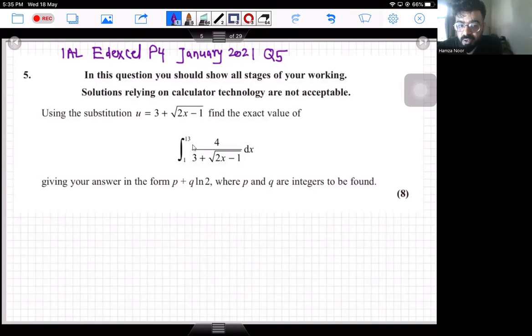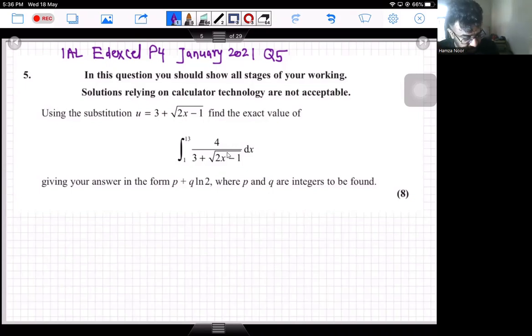And the other thing is we need to introduce new limits. Originally, this upper limit 13 and lower limit 1 are of x. We need the limits of u. So our intention is to convert this complete definite integral into the form of u, and for that purpose, we also need du as well.